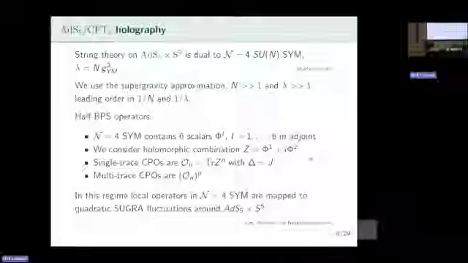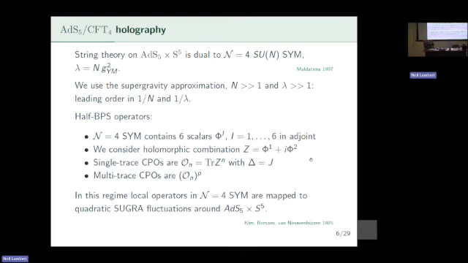The single-trace primary operators in this sector are simply given by the traces of powers of Z, trace Z to the n. These operators have conformal dimension equal to the U(1) R charge. The second class of operators, which will appear in this talk, are called multi-trace CPOs, which are simply products of powers of the single traces.